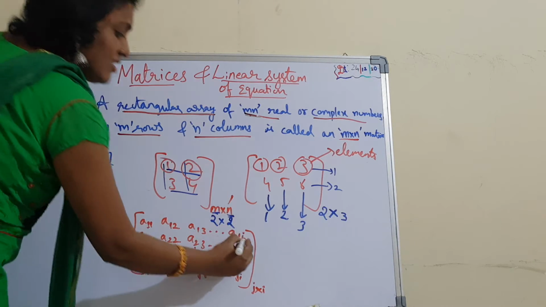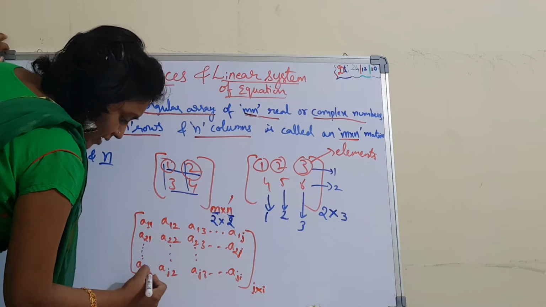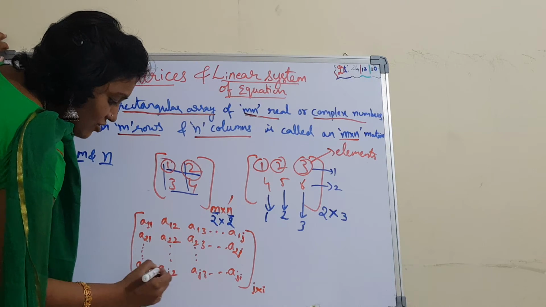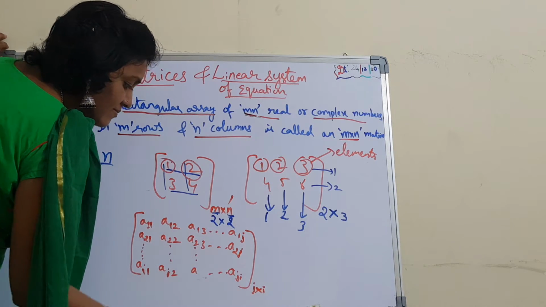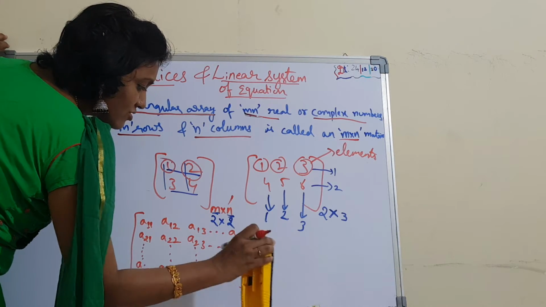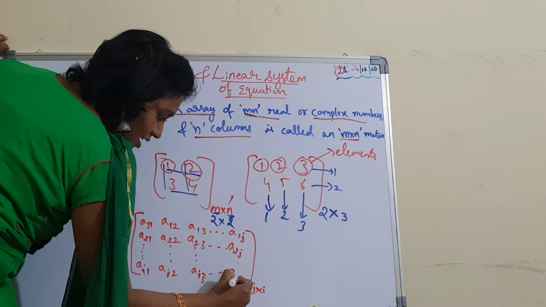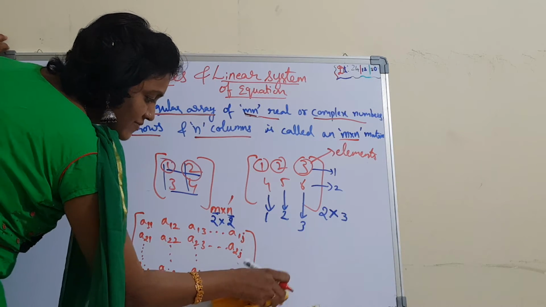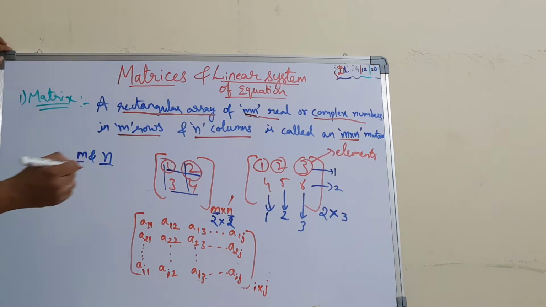Otherwise you can write it the other way, where you interchange the rows and columns. Here i rows and j columns.